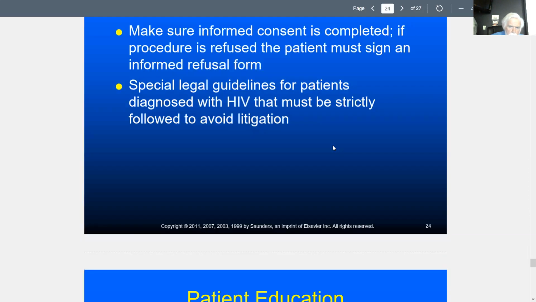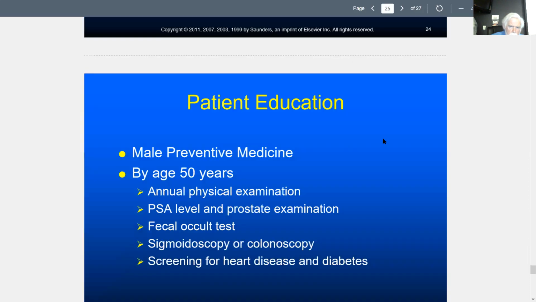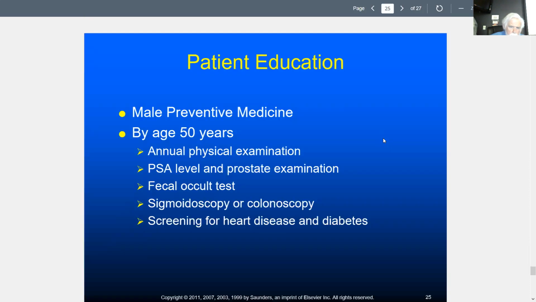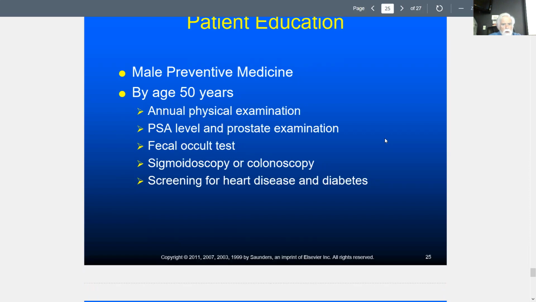So obviously informed consent is important. We should be looking at a lot of different things in our patients when they get up to be a certain age. They encourage annual physical exams. The PSA and prostate exam is common.